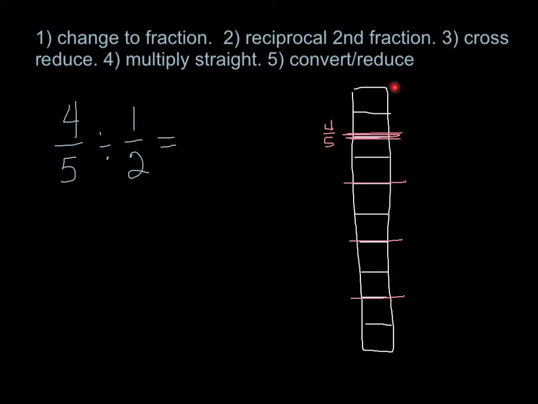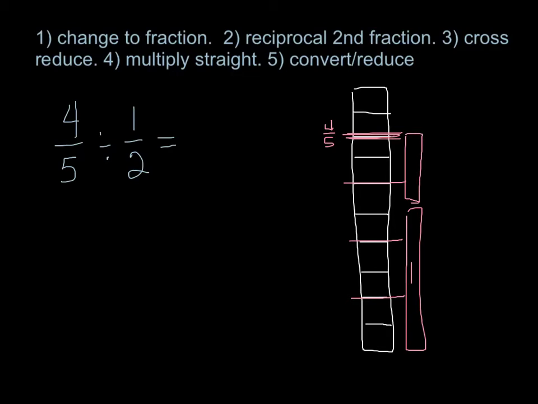Well, half of a full cup would be 5 out of the 10 pieces. 1, 2, 3, 4, 5. So I could fill 1 up, 1 for sure, 1 all the way. There's 1 half cup. And then I could fill up not quite another one.